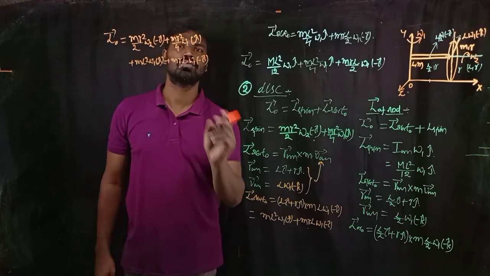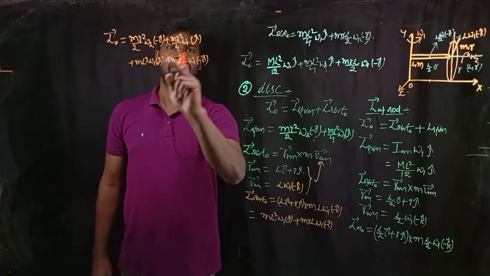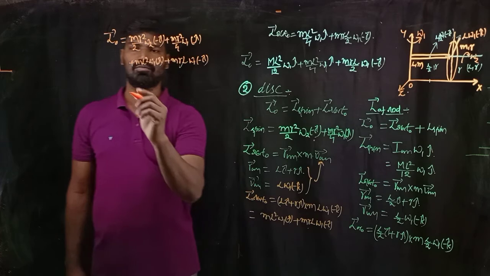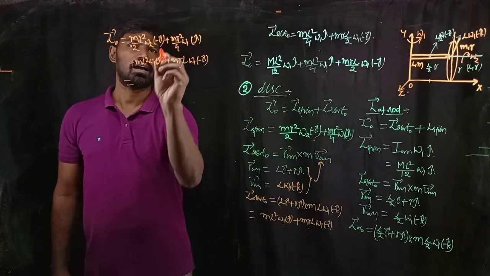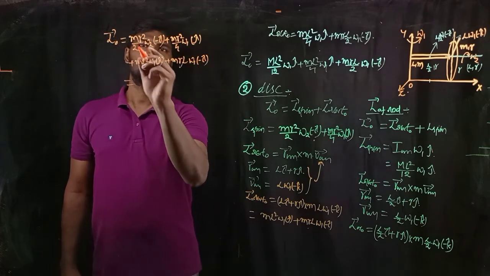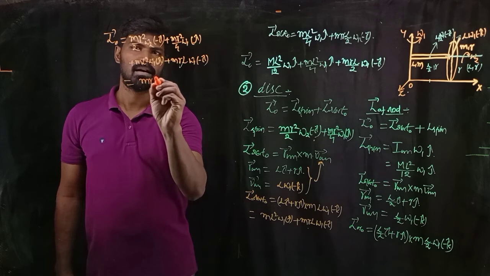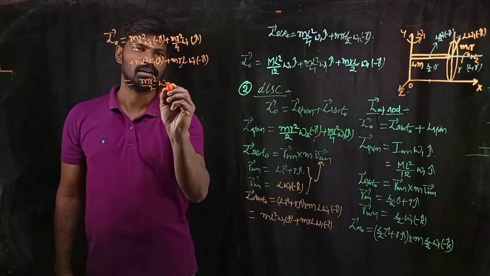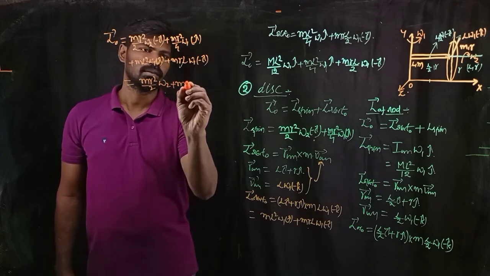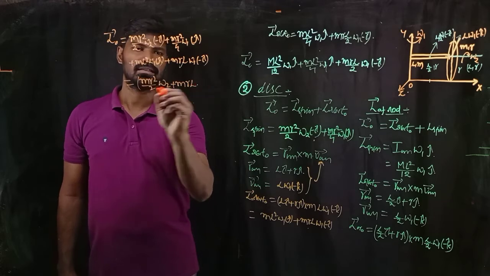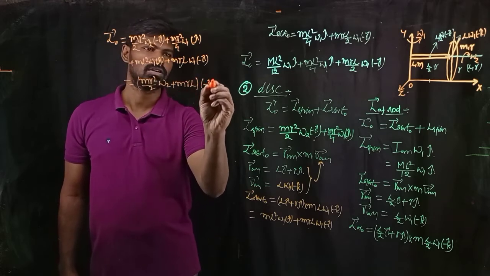Is there anything to add? Yes, all j cap terms keep at one point, and I cap terms at another. If you take I cap common, what we will be getting is M R square by 2 omega 2 plus M R L omega 1, all these pointing in minus I cap direction.